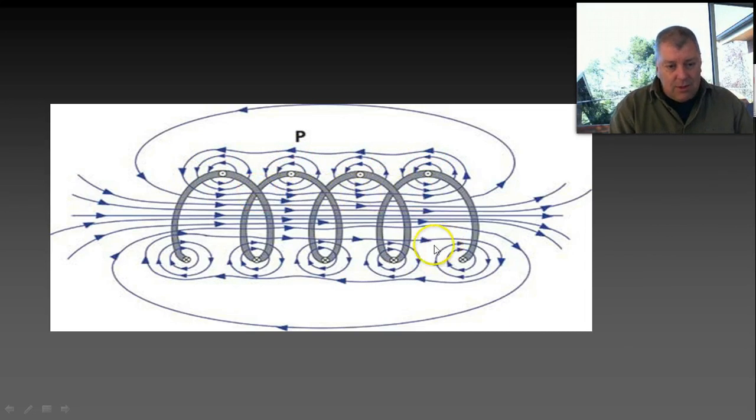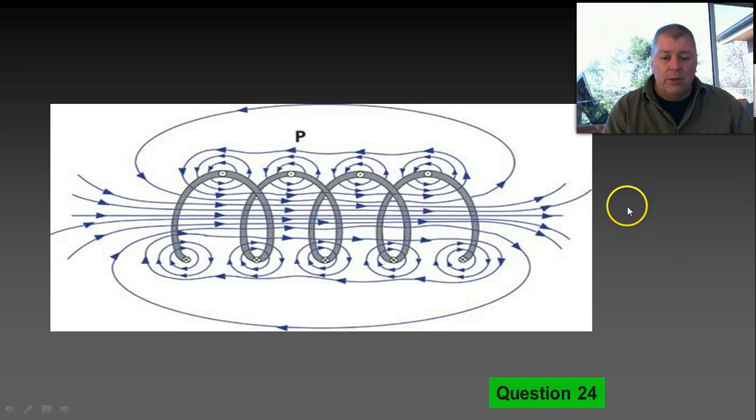And the same on this side. So the magnetic fields coalesce into one overall magnetic field. We could still use the right hand grip rule for individual segments of the coil, but we now use the solenoid rule just to determine the overall magnetic field.